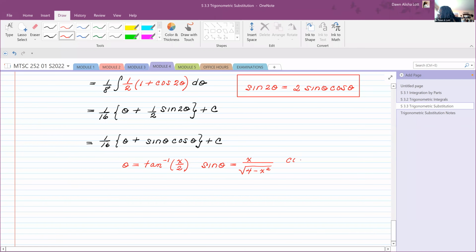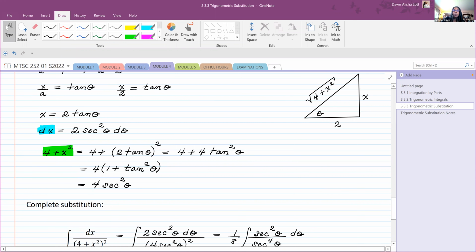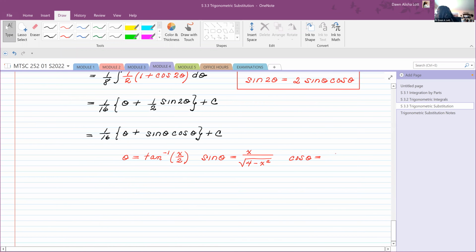And the cosine of theta, notice I've gone back to my triangle, is 2 over the square root of 4 plus x squared. Okay, so now I can complete my problem.